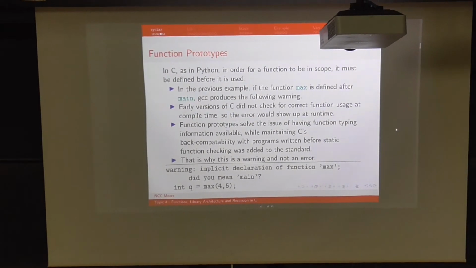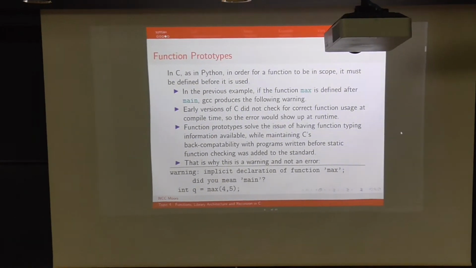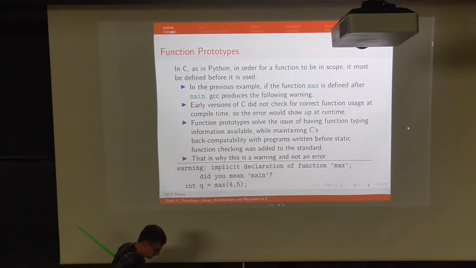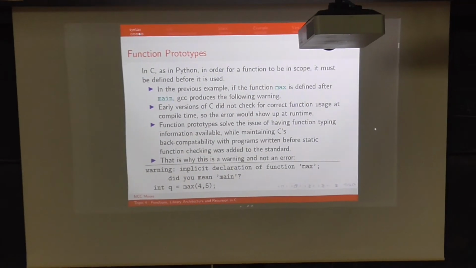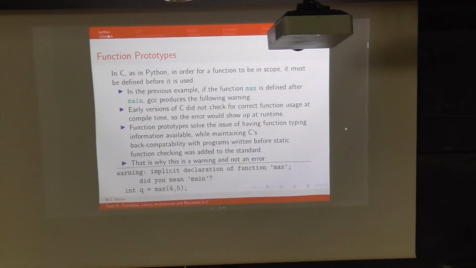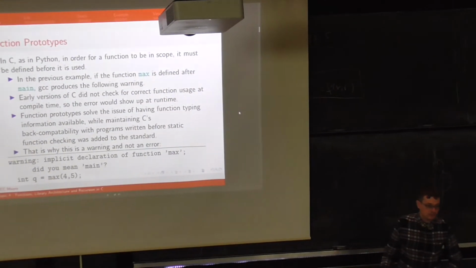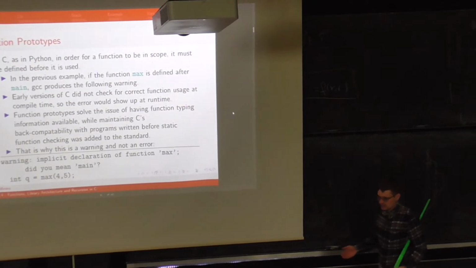Good. So, this should be new. Function prototypes. So, in C, as in Python, in order for a function to be in scope, it must be defined before it's used.